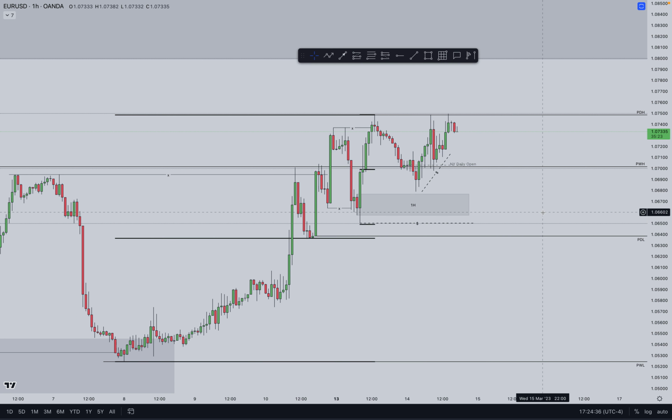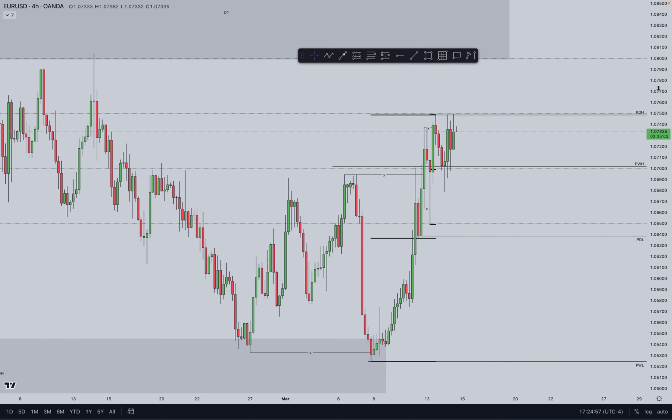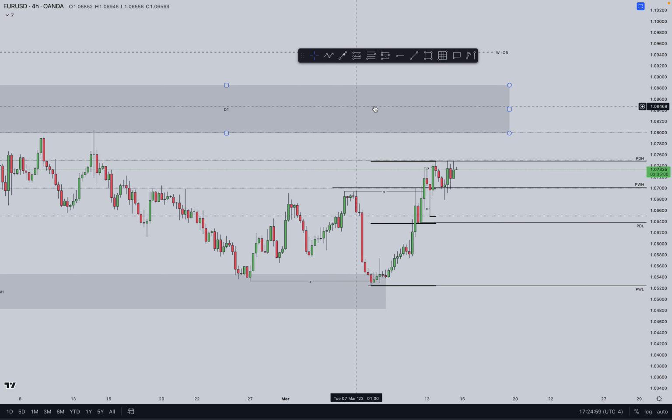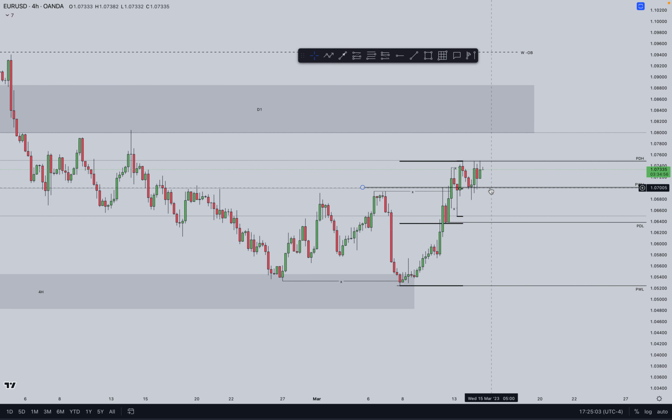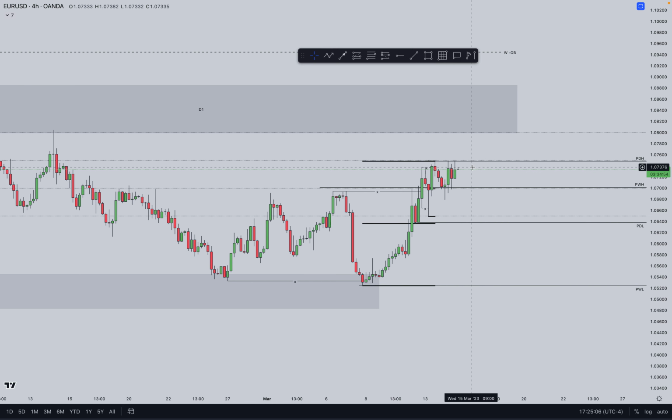And it's around the big figure round number of 1.065, which is also great. And if it violates this, takes that, as it did here, sweeps into this, goes into this imbalance. If it sweeps this bottom bit here, then it makes an even better target for the daily imbalance up here, which I think price will head for.